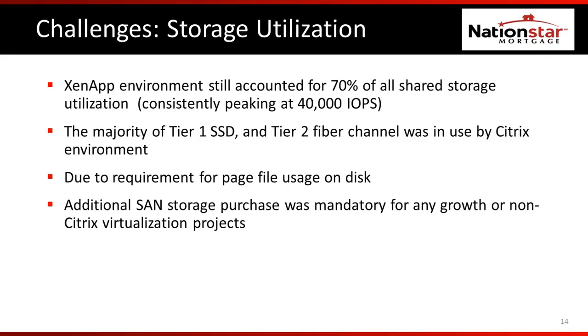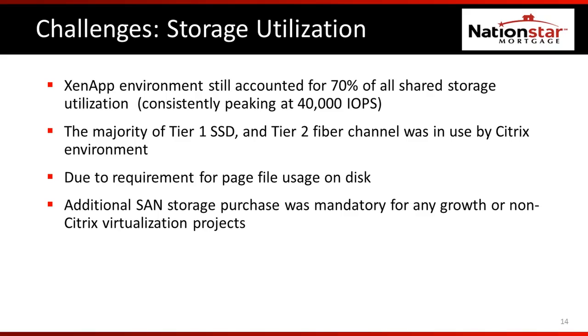And another challenge was utilization. So even after migrating our write cache into RAM and into RAM with failover to disk, because of that persistent disk that's associated with the PVS environment, still having the page file or the Edgesight engine, we found that we were still the highest consumer in our environment of IOPS in our production EMC storage frames.